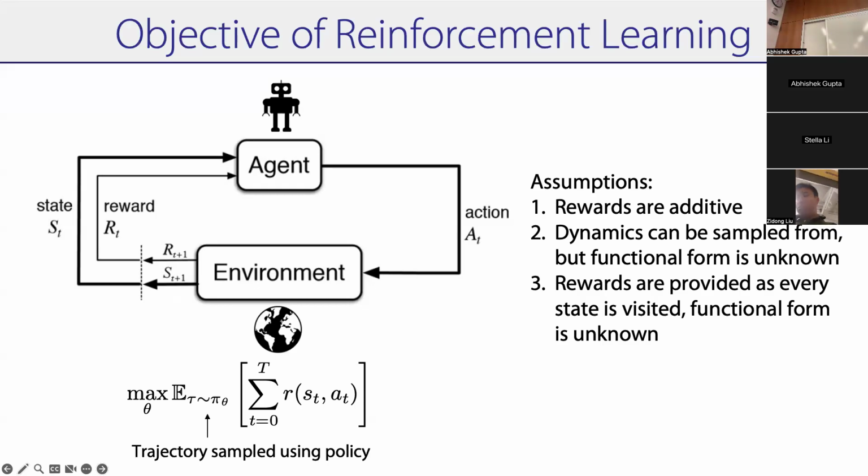So remember that the algorithms I'll talk about today obey these assumptions. But if your simulator gives you access, if you have a different form of rewards that are differentiable, you should use those where you can, right? So if you're doing reinforcement learning in simulation, you don't have to restrict yourself to these assumptions. Okay.